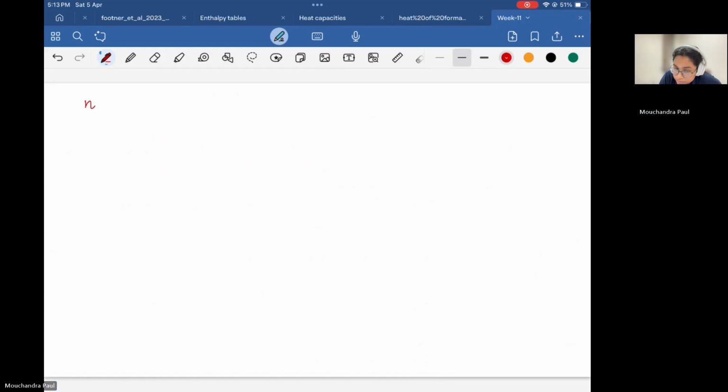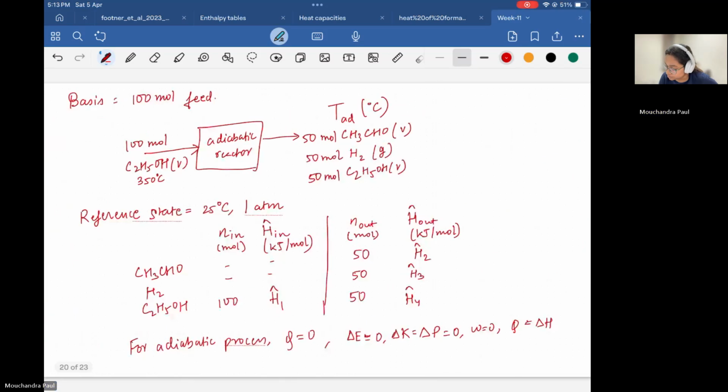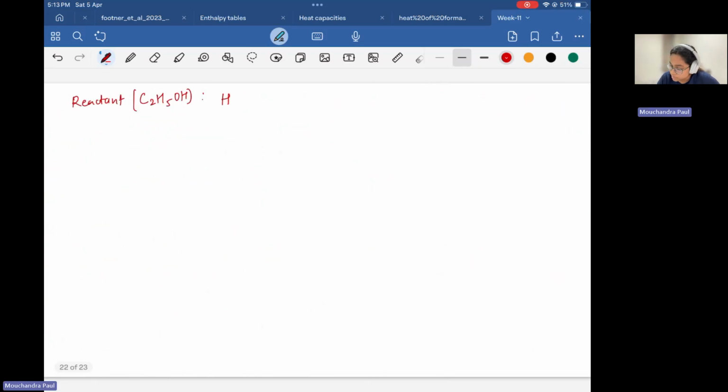So for calculating Ni, it is ethanol, C2H5OH. We have to get the value of H1 hat. How will we calculate it?